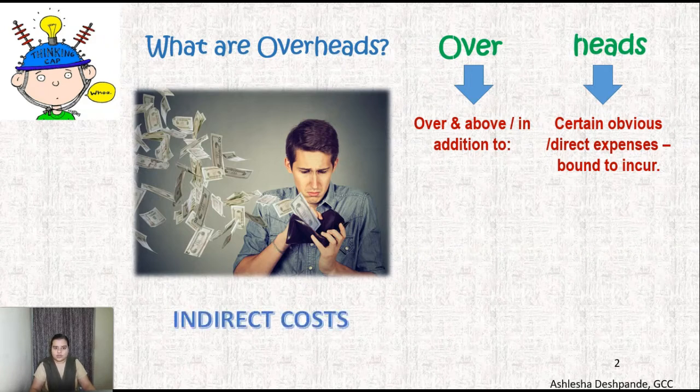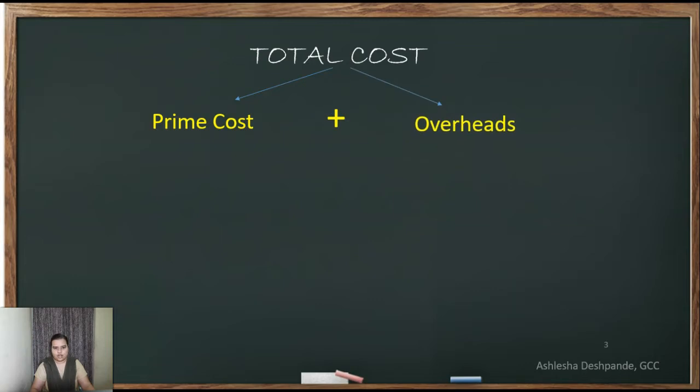Now these overheads are very commonly known as indirect costs. Why is that so? Why indirect? Let us find out together. For that, if you remember, in the last year we studied the concept of total cost. Total cost comprises of two sections, prime cost and overheads. Out of that prime cost you are already familiar with.